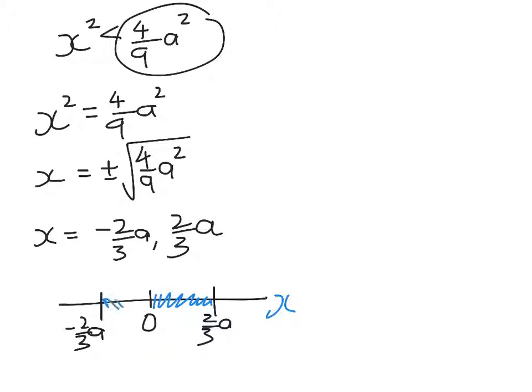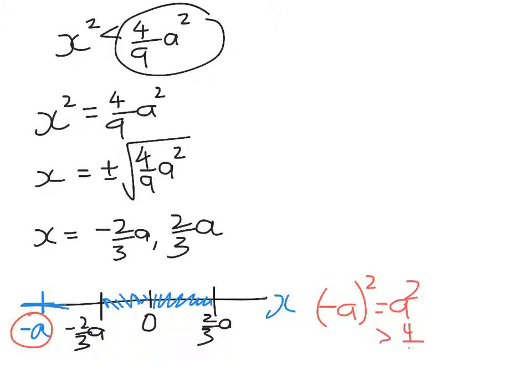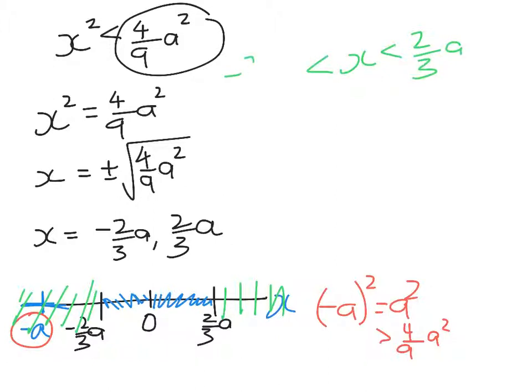However, when I'm back here, for example at negative a, so if I'm back at negative a squared, that gives me a squared, and that's too big. So this bit in here is not in my solution set, and neither is this bit here. So my answer is x between negative 2/3 a and 2/3 a. So that's when the function's decreasing.